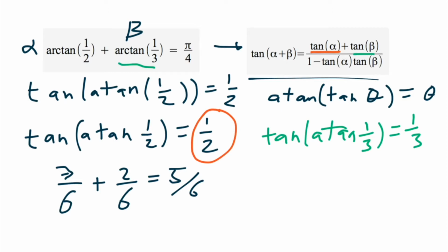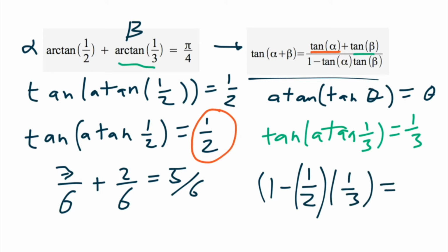Now for the denominator, it's just 1 minus tangent alpha times tangent beta. We already found that tangent of alpha is 1/2, so I can say 1 minus 1/2, and tangent of arctangent 1/3, the tangent beta, is just going to get you 1/3.